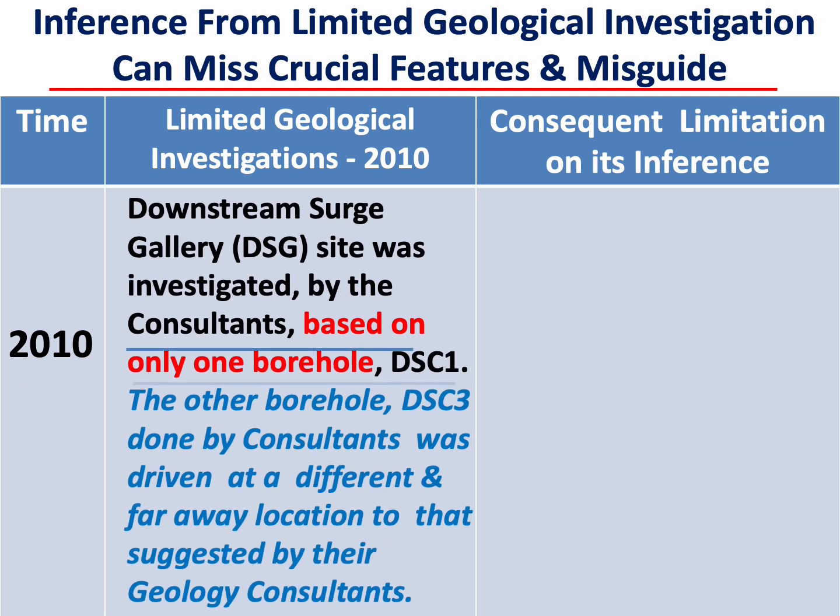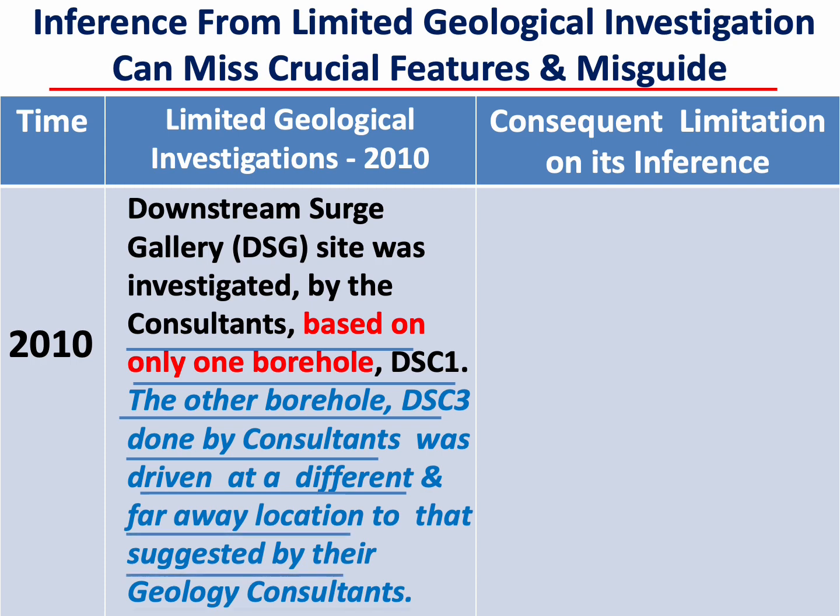Inferences from limited geological investigation can miss crucial features and misguide, as we discussed just in the previous slide. In 2010, very limited geological investigations were done before the construction of the structure was to be taken up. The Downstream Surge Gallery site was investigated by the consultants, PHEP-II, based on only one borehole, DSC-1.